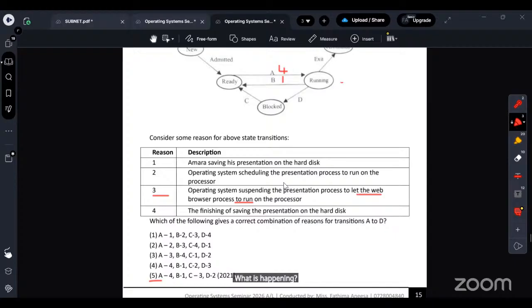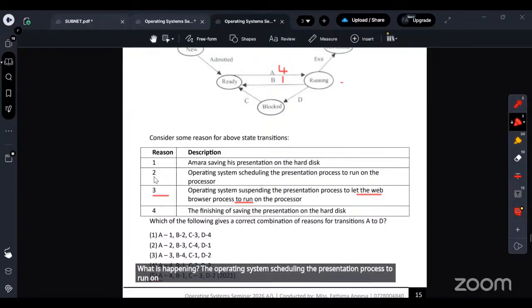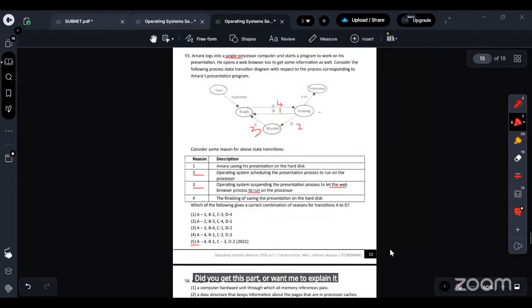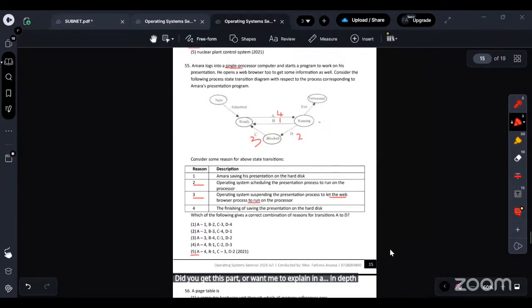The operating system scheduling the presentation process to run on the processor. I hope that was clear. Did you get this part or want me to explain it in depth? Why is this happening? Because it's a single processing computer, right?